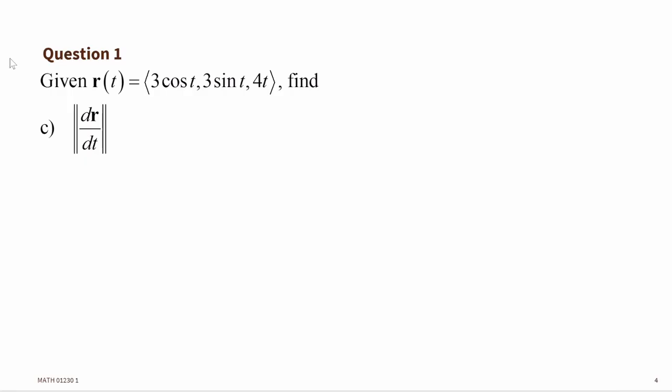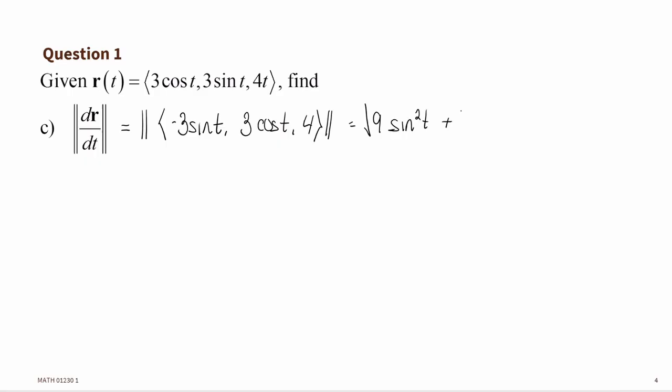All right, now we're being asked to find the magnitude of that derivative we just found. So the magnitude of the derivative from part A is the square root of 9 sine squared plus 9 cosine squared plus 16.